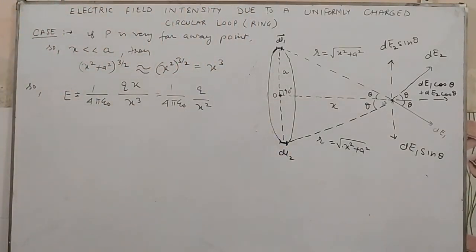So you can note it down that the expression is the same as the electric field intensity due to a point charge placed at distance x from the point charge q. Okay, so for far away points, if point P is very far away, then the ring will behave like a point charge. Okay, fine.